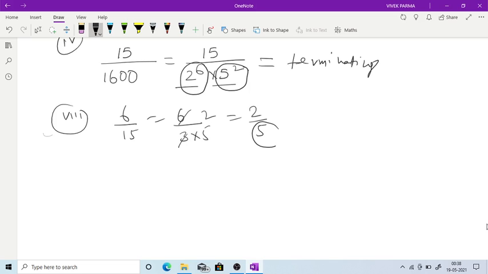Here only 5 is present, right? It will be terminating, as 5 is in the denominator part, right?